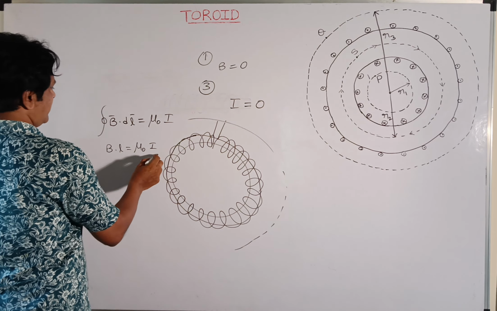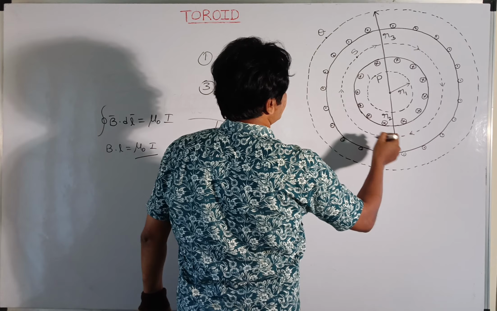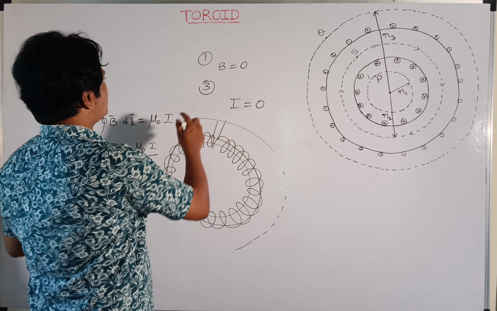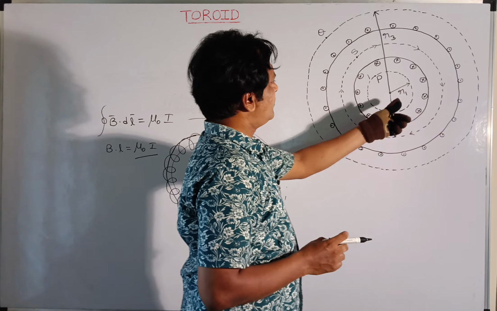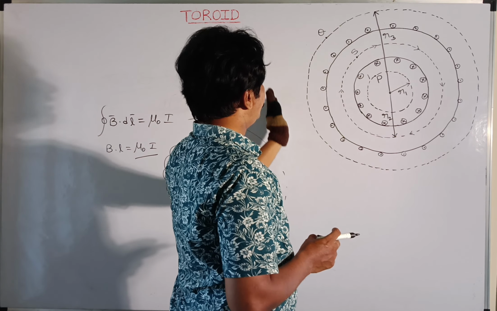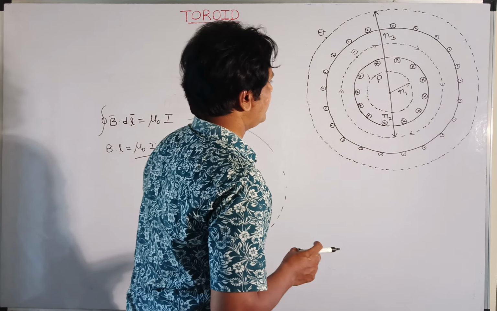Then by this relation, the magnetic field for loop 3, this loop, is 0. So by these two conclusions, loop 1 and the third loop, we can say inside the toroid the magnetic field is 0, outside the toroid, that means here, the magnetic field is 0.